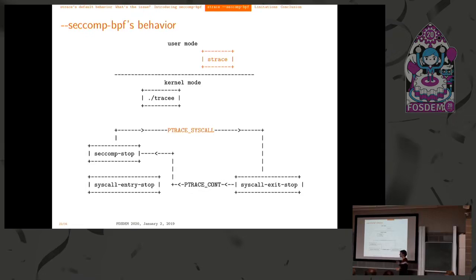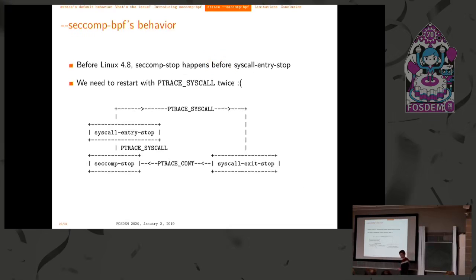Once we exit the syscall, it's going to restart it with ptrace continue again because we know that we can stop with the seccomp bpf program at the next entry to a syscall. There's one caveat to this, however. In Linux, before Linux 4.8, the second stop happened before the syscall entry.